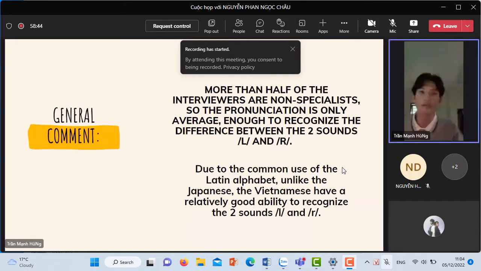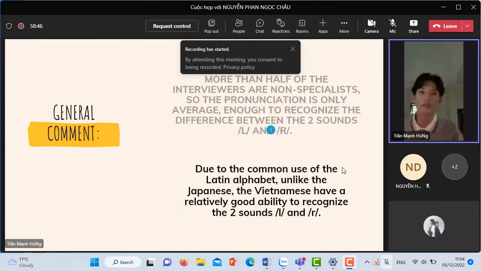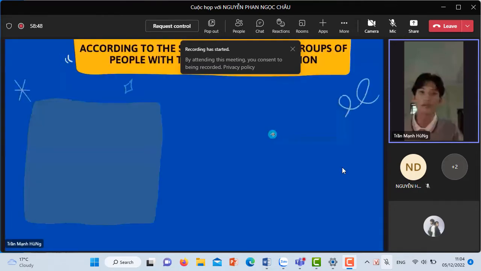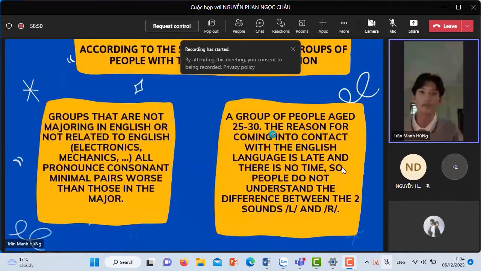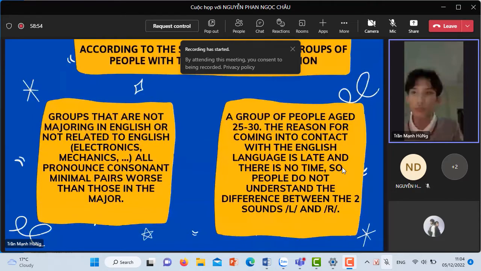According to the study, there are two groups of people with the worst pronunciation. Group one are those who are not majoring in English or in fields related to English, such as electronics, machinery, or else.